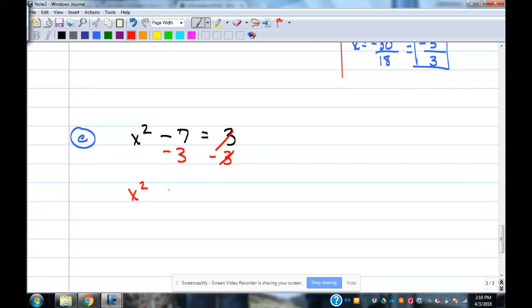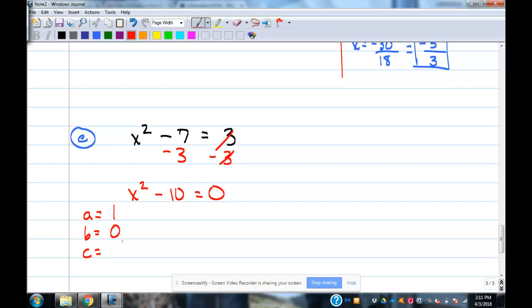They're like terms. So that'd be x squared minus 10 equals 0. We need to get it in the form with no plain old x, so that means b is what? 0. If it's not there, it's going to be 0. So what's a? And c?